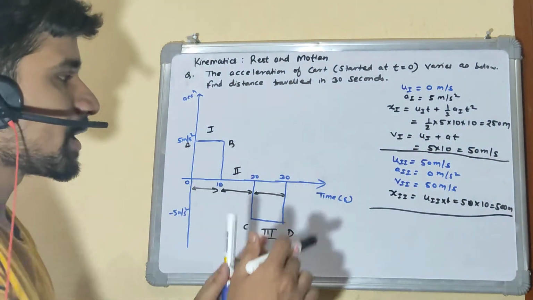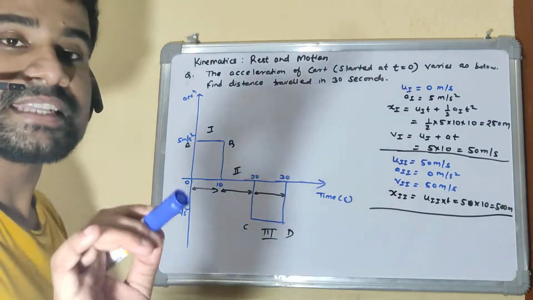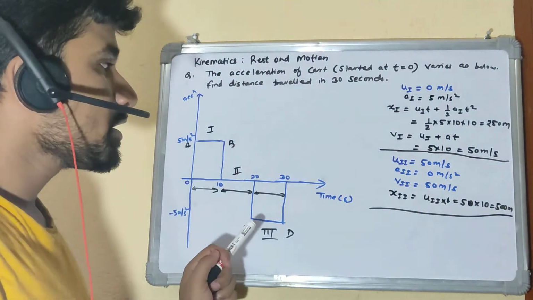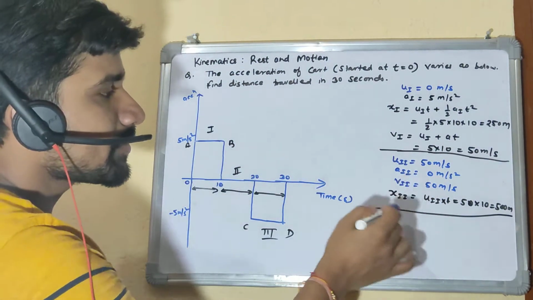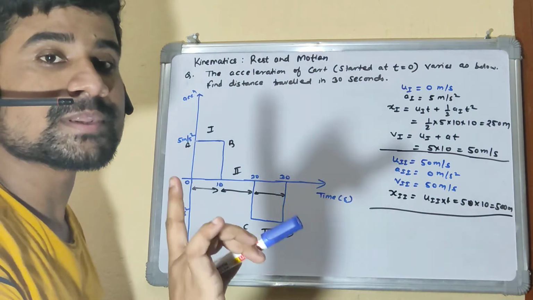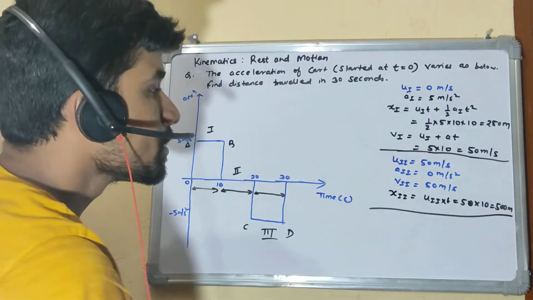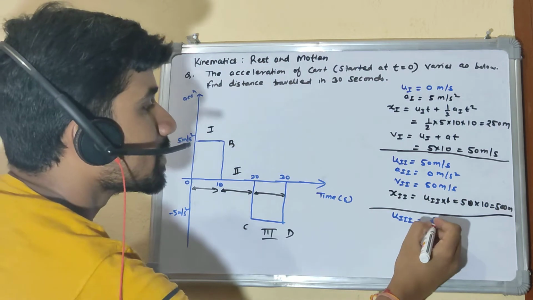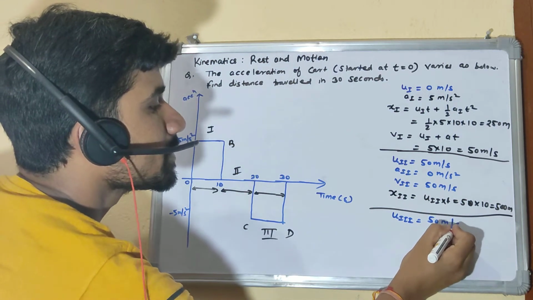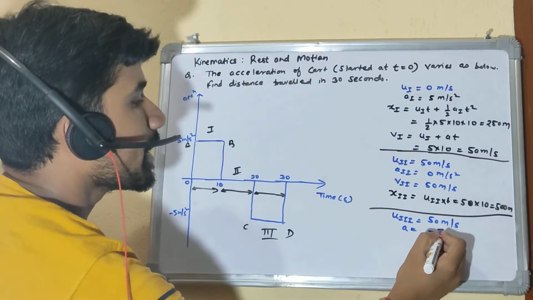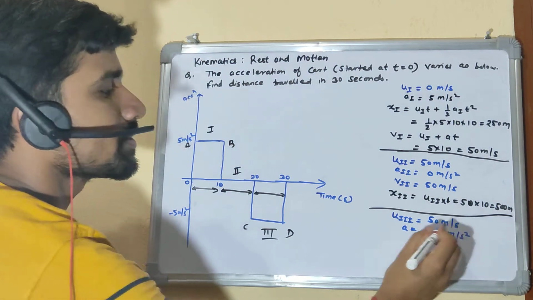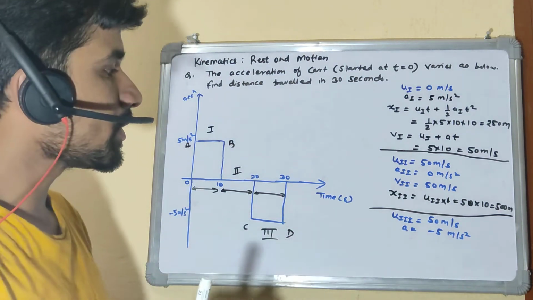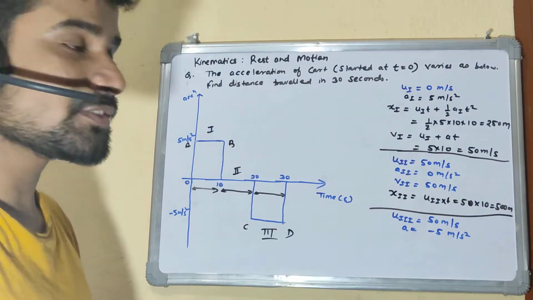Now taking the third part of motion, what is the initial velocity for the third part? The velocity at the end of the second part will be the initial velocity for the third part, so it is 50 meter per second. Acceleration is given as minus 5 meter per second square. I need to find the distance traveled.